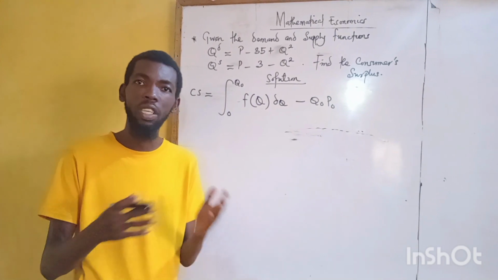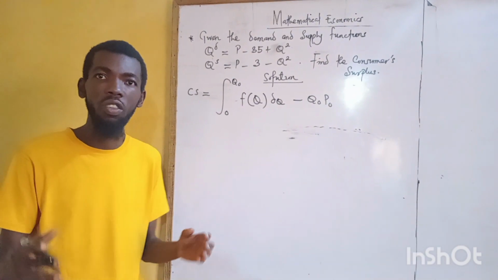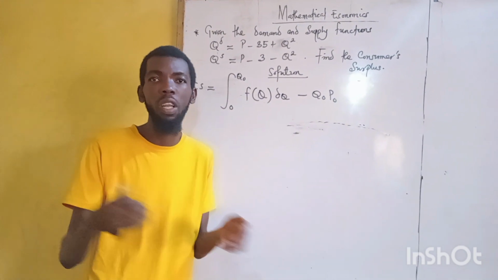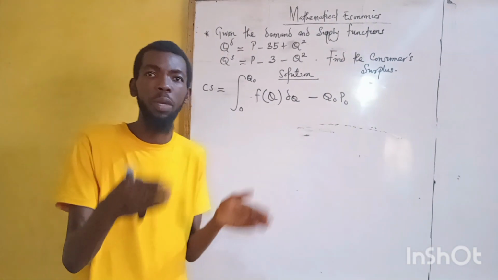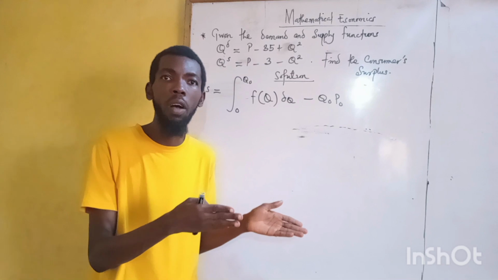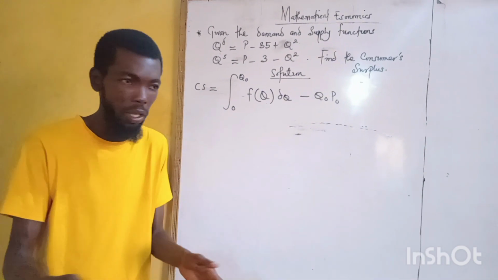So how can we get Q naught and P naught? We equate the demand function and the supply function, and then we can find our Q naught and P naught, which are the equilibrium output and the equilibrium price.